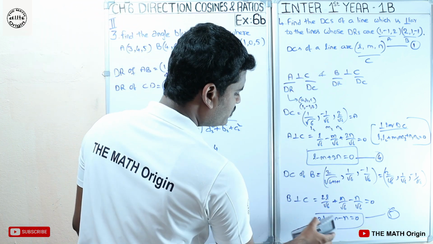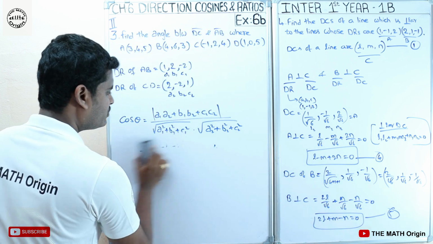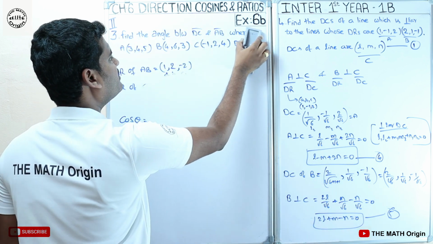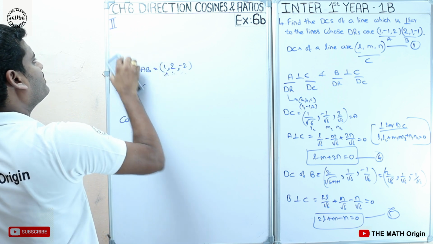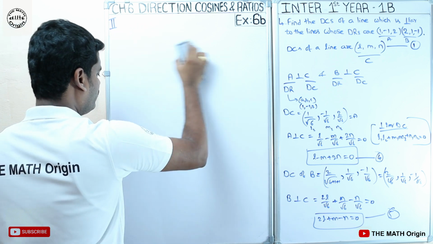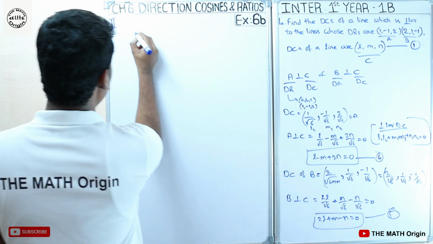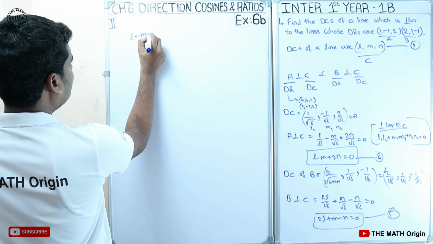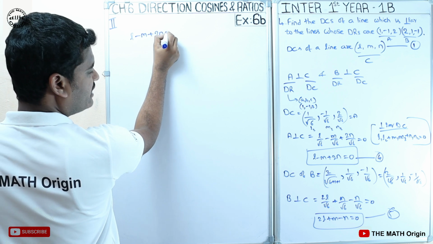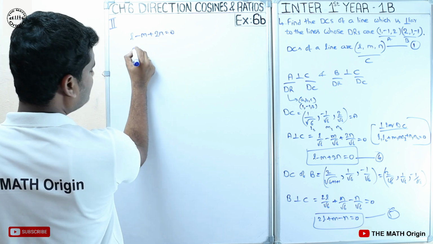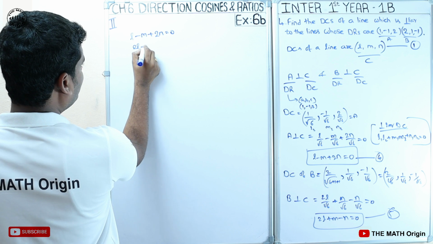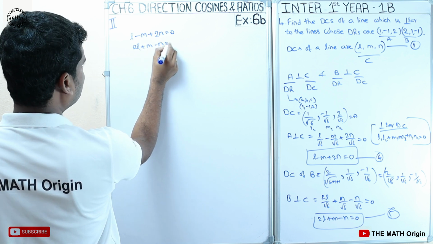Now we got two statements. Now let me derive those two statements here. Those two are l minus m plus 2n equals 0, and the other is 2l plus m minus n equals 0.